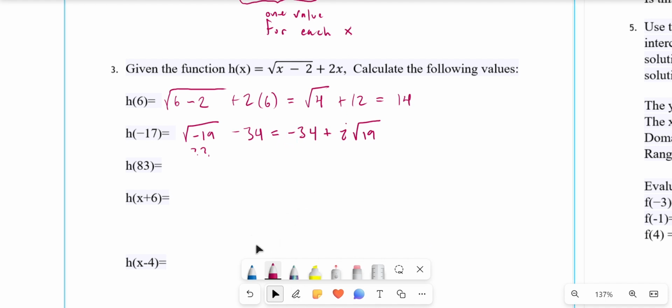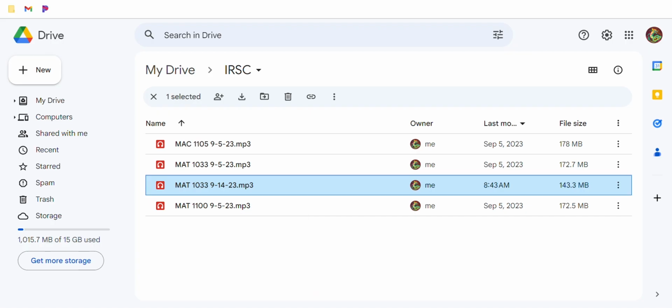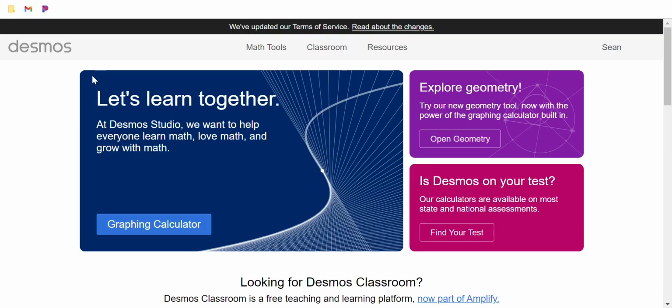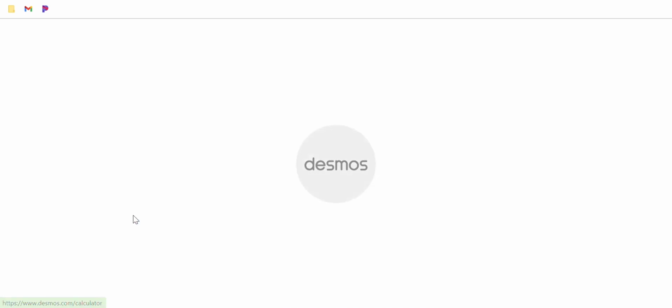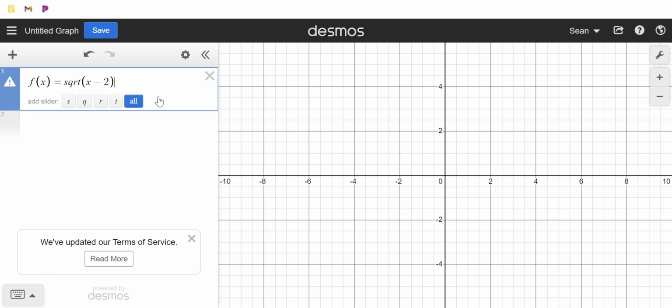For example, if I were to go to some kind of graphing ensemble, like Desmos, and I were to ask it about what about when, I don't know, f of x was equal to the square root of x minus 2 plus 2x.